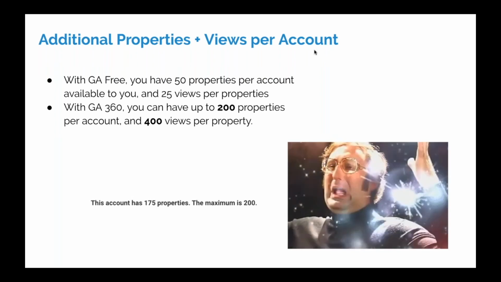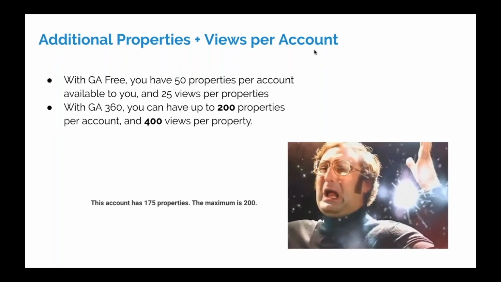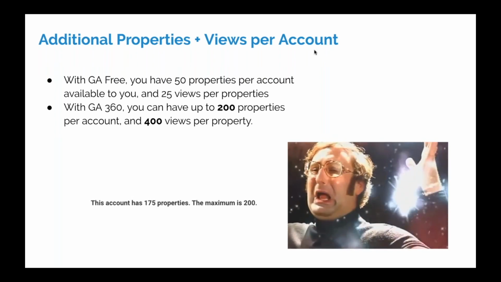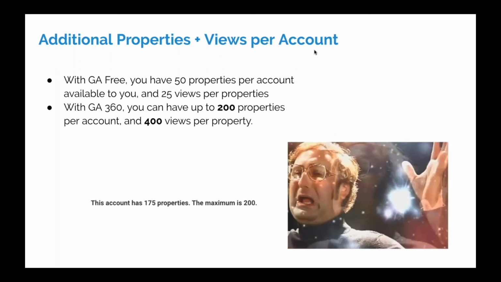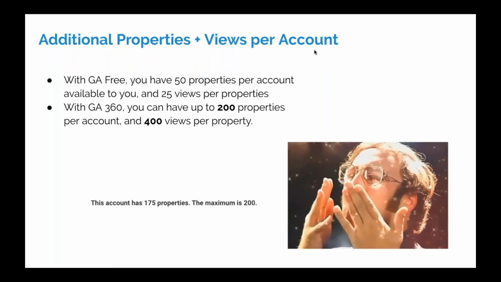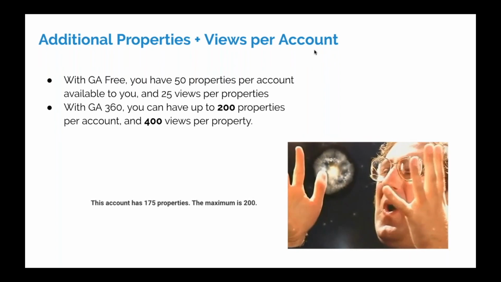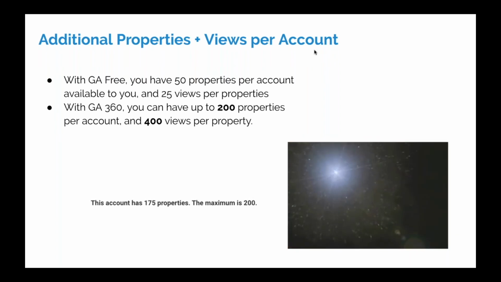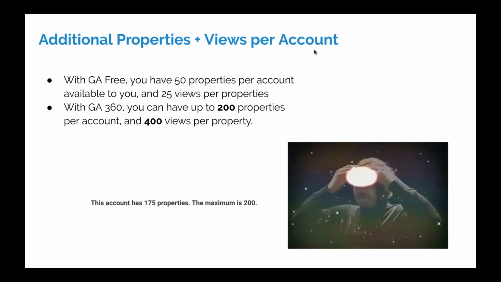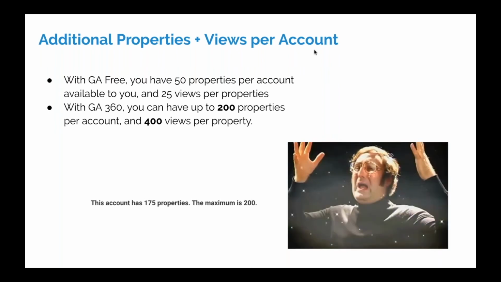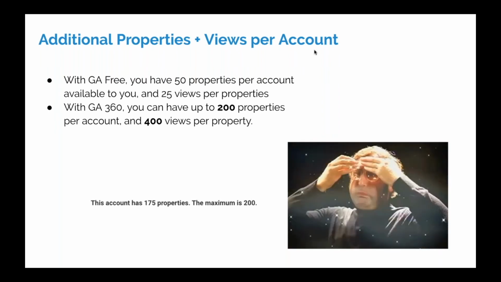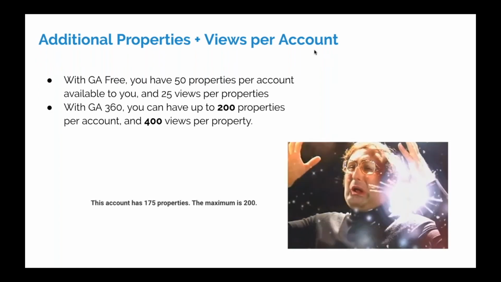But with 360, you have those enterprise organizations, a lot of multi-site, multi-brand organizations, CPG type of organizations, maybe you're a media organization with a lot of different brands or sites or channels. That's where the 360 features of the properties and views you have available to you might be the difference in why you might want to upgrade.